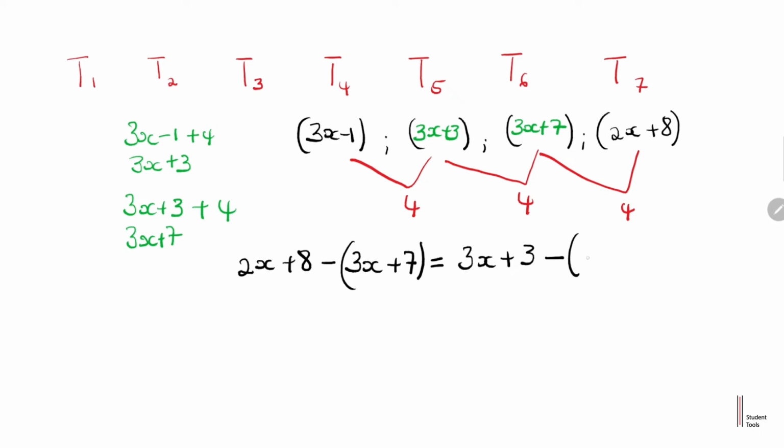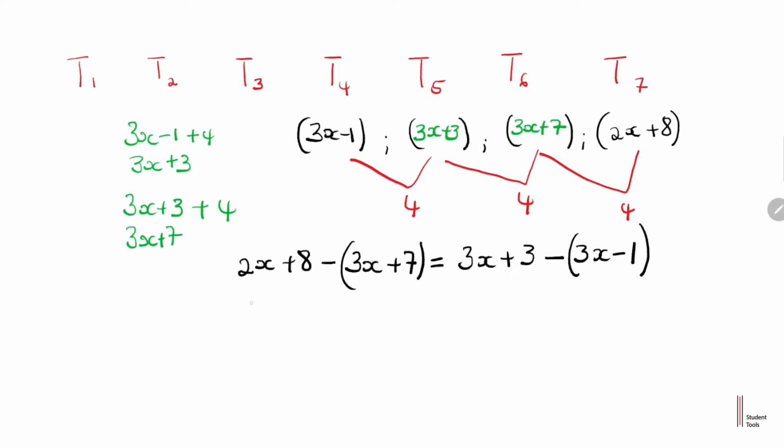So minus, we put the brackets, 3x minus 1. So you should understand why I say 2x plus 8 minus 3x plus 7 is equal to 3x plus 3 minus 3x minus 1. It's because we have this common difference.